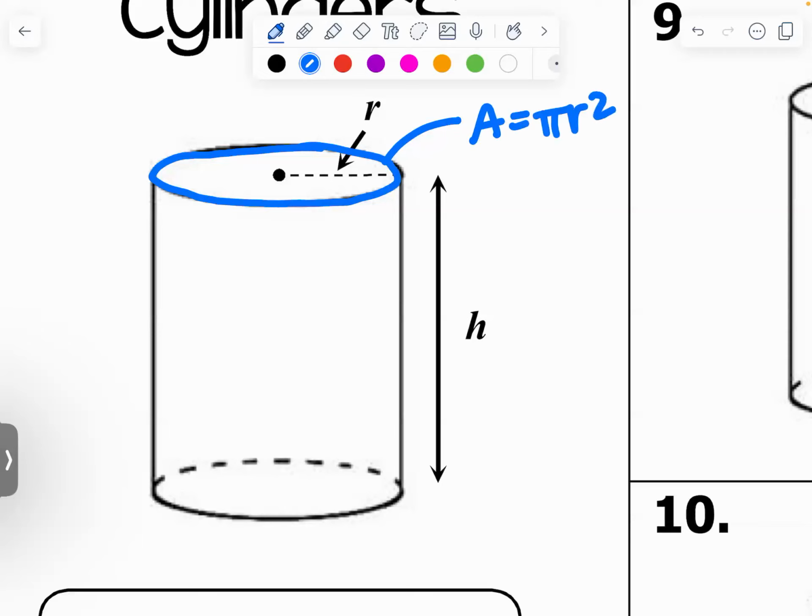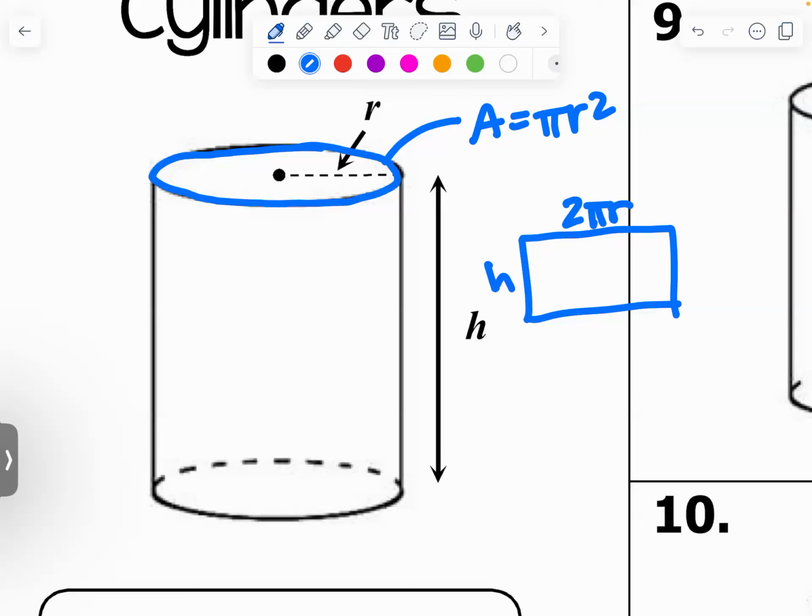I'm just talking about this part. If I cut and lay it flat, what do we have? We have a rectangle where the height is the height, and then this part right here is the circumference that's now laid flat.